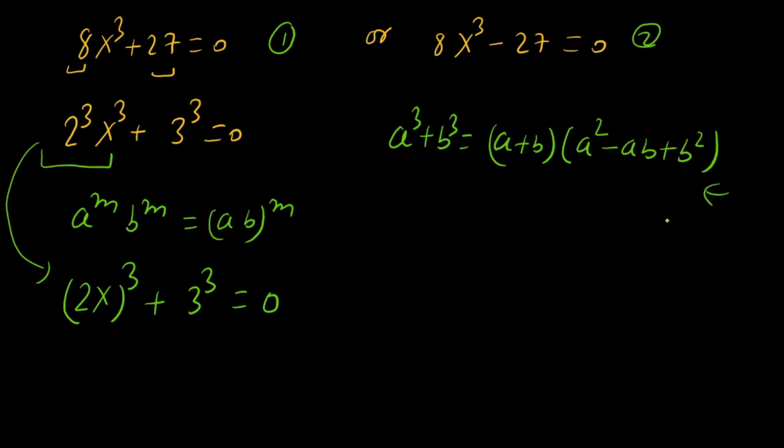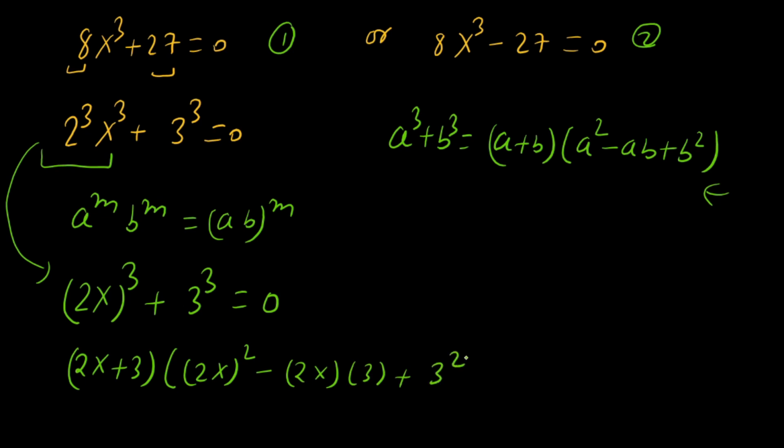Applying this rule, (2 times x plus 3) is multiplied by (2x square minus 2 times x multiplied by 3 plus 3 square), and this equals 0.